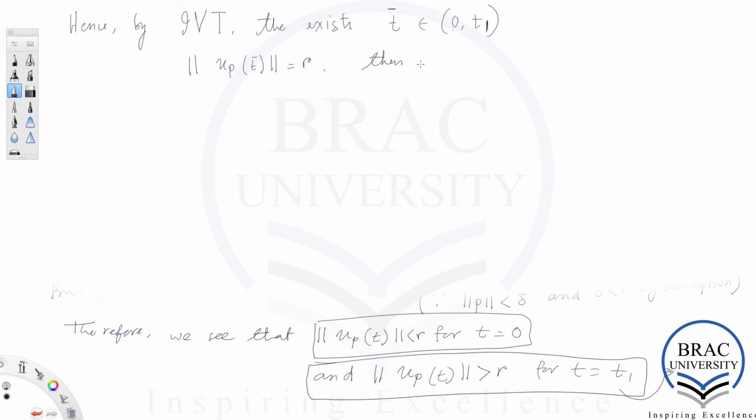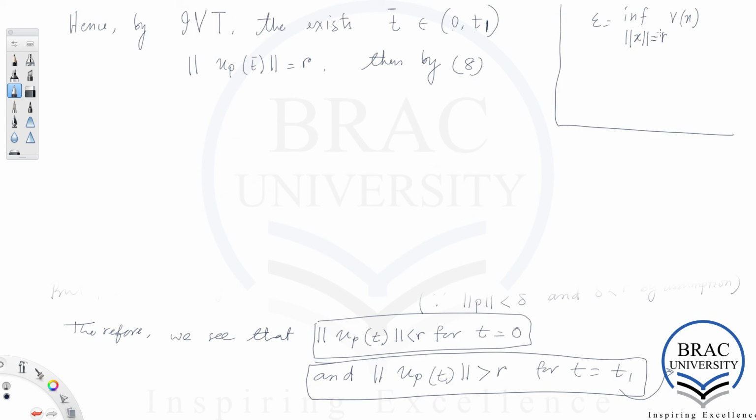Thus, by 8, so 8 was the definition of epsilon, the infimum of V of x, where x belongs to the sphere of radius r centered at 0.